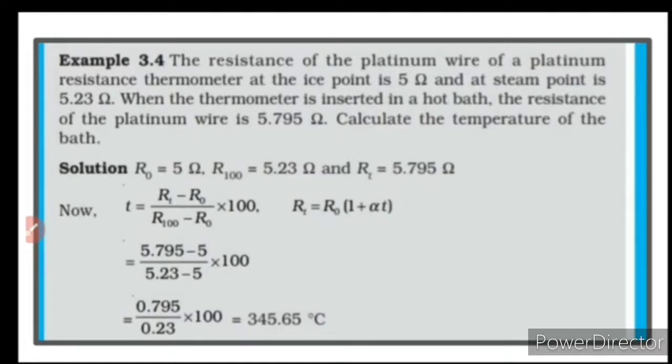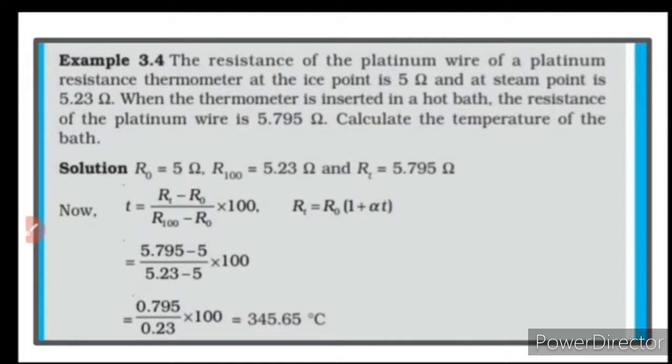Calculate the temperature of the bath. That's what is asked. So here, resistance values are given at 0 degrees Celsius, 100 degrees Celsius, and at an unknown temperature T, and you are asked to find that unknown temperature T.